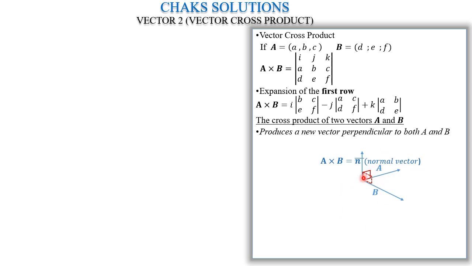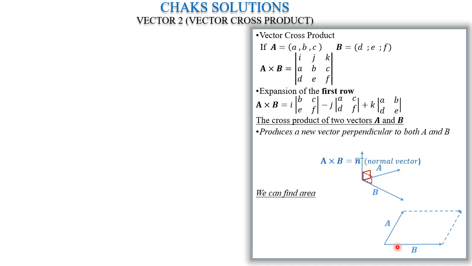We can use this cross product to find areas of parallelograms and areas of triangles. Let's see how it looks. You can see we have vector a and also vector b, which are two sides. If we complete a parallelogram in this form, vector a and vector b make two adjacent sides.